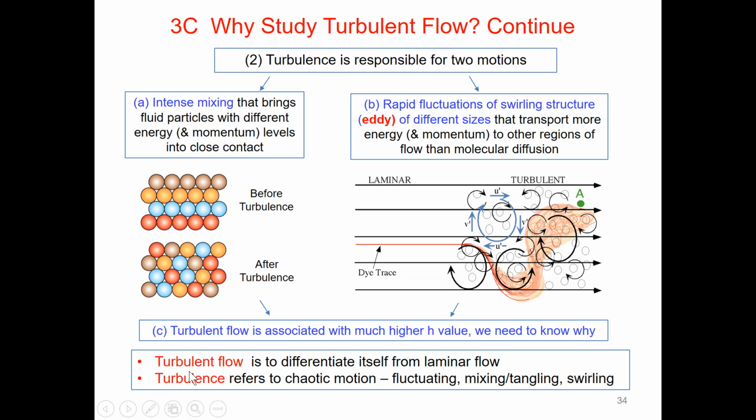To my understanding, turbulent flow emphasizes the difference from laminar flow, but turbulence specifically refers to the chaotic motion, the fluctuating, mixing, tangling, and the swirling.